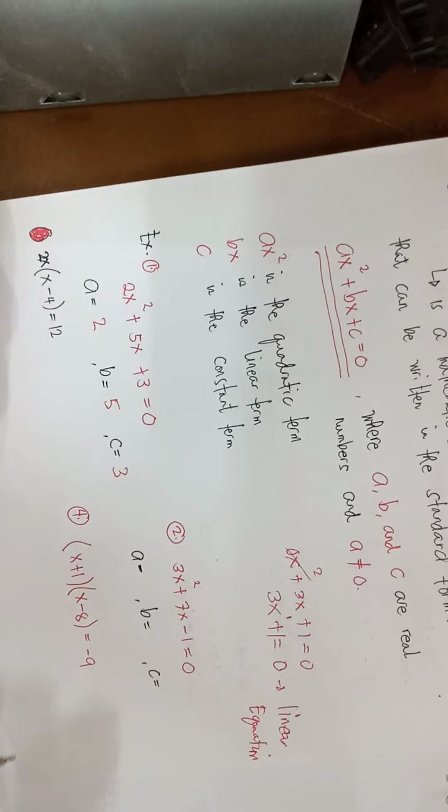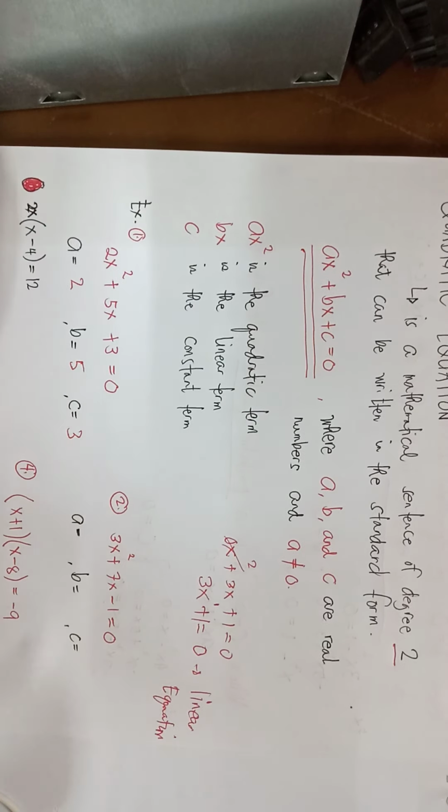Now for example number 2: 3x squared plus 7x minus 1 is equal to 0. As you can see, it is already in standard form, so we can directly determine the values of a, b, and c.